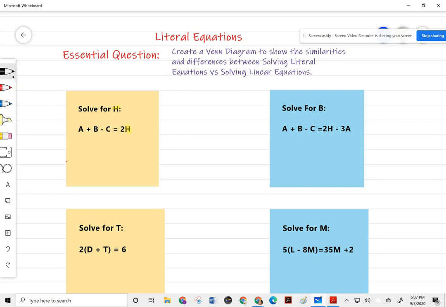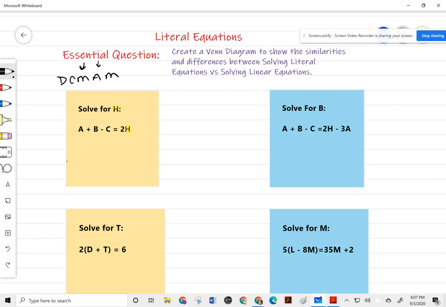All of these techniques regarding DCMAM, if you remember, D stands for distributing, C is for combining like terms. This M is to move the variable that you want, in this case h, to one side of the equal sign, either the left or the right.